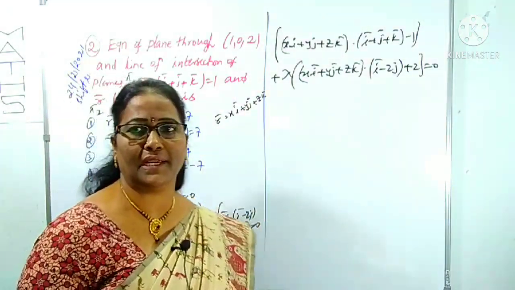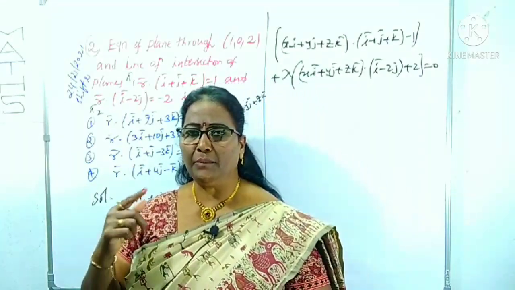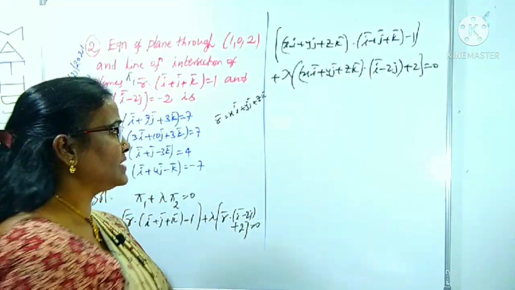To find the lambda value, he has given one point. It is also passing through the point (1, 0, 2). In place of x, y, z, we can substitute (1, 0, 2).